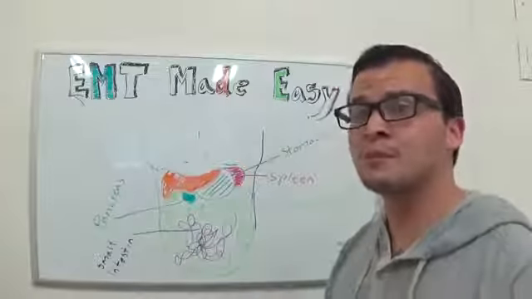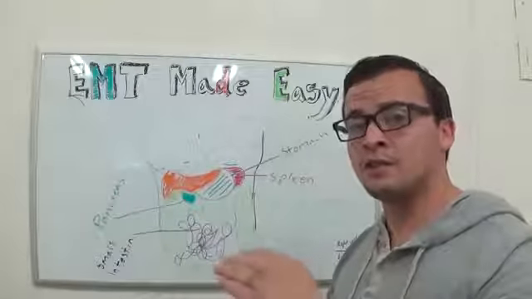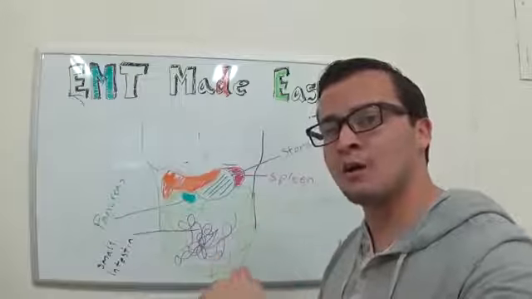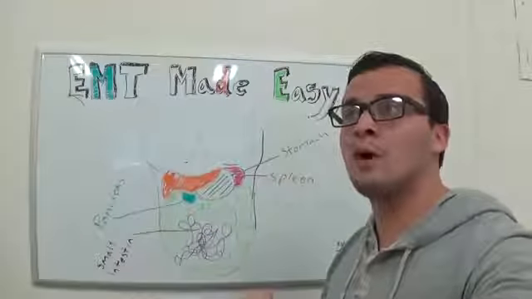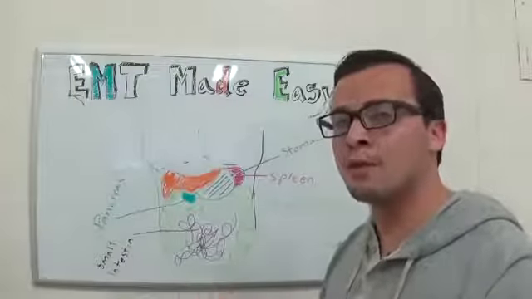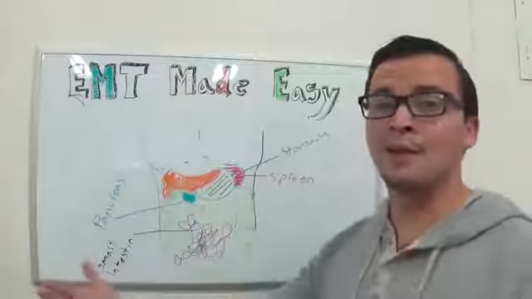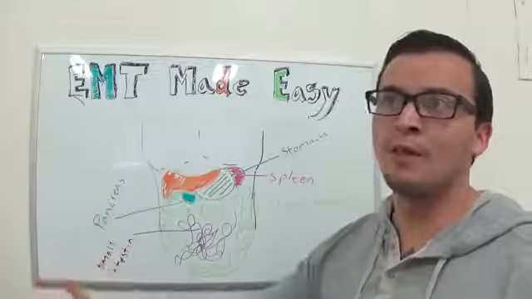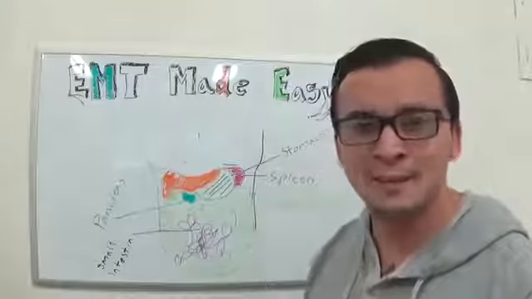Because we don't really start showing signs of real bad shock, decompensated shock, that means we're crashing, until we lose about 20% of our blood. So if we lose about 3 liters of blood, that's well beyond that 20%. We're talking about 50 plus percent of blood loss in the abdominal region. That's why it's such a big deal.